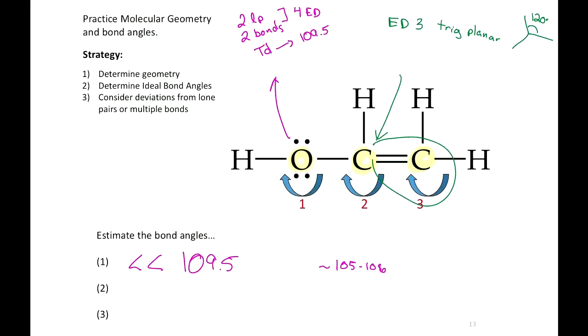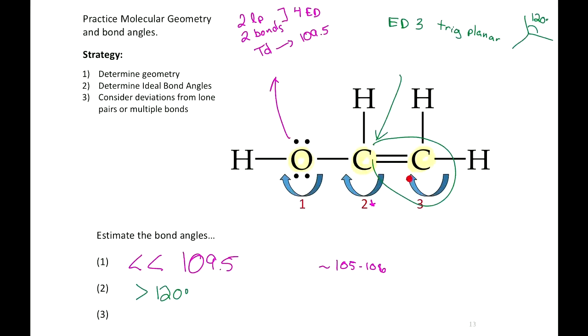So we're going to see a bond angle that's slightly more than 120 degrees, because it's right next to that double bond and it just opens it up a little bit more.